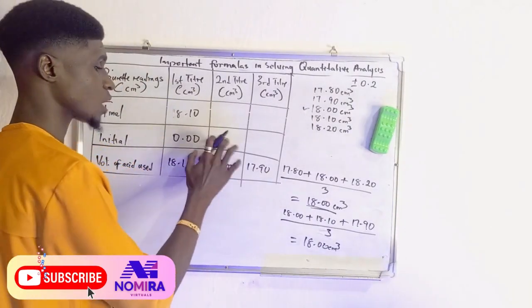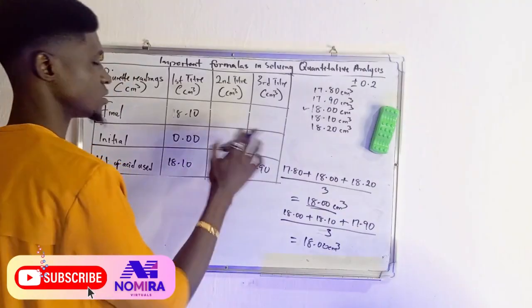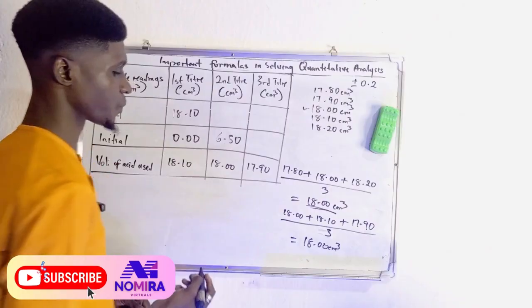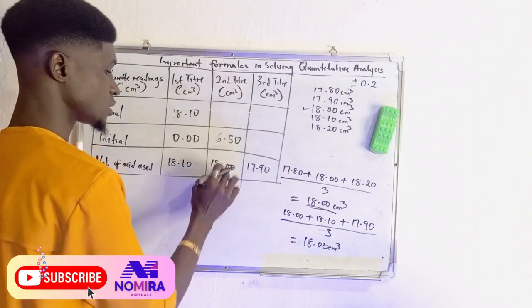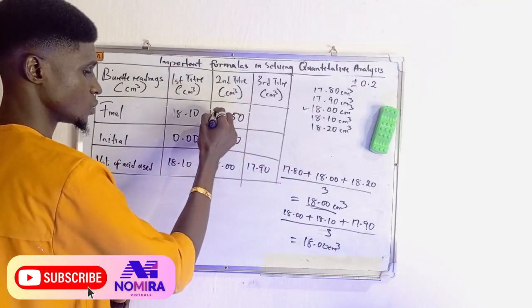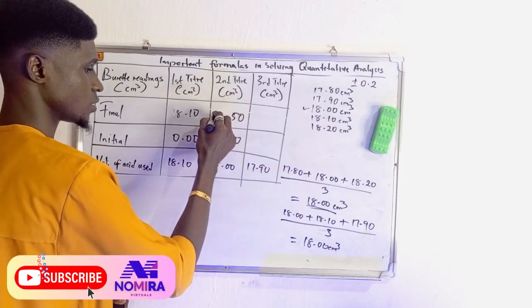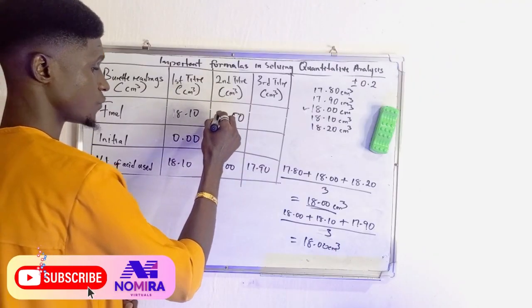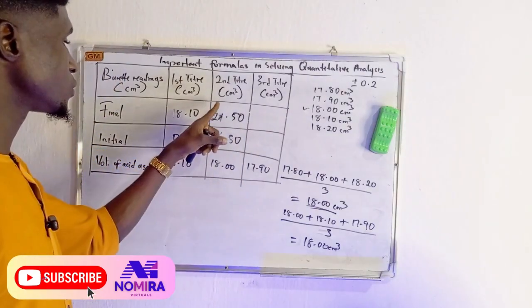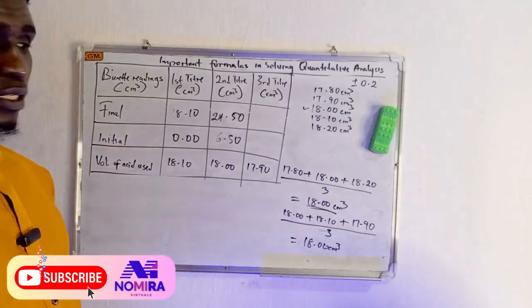So you can put any other values here. If I decide to put 6.50 here, this plus this will become what? 24.50. When you do this minus this, you have this, right?